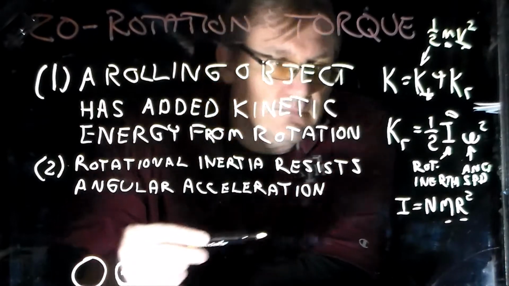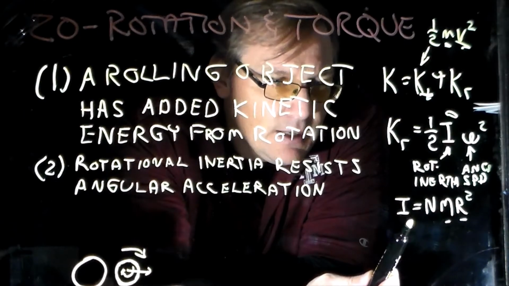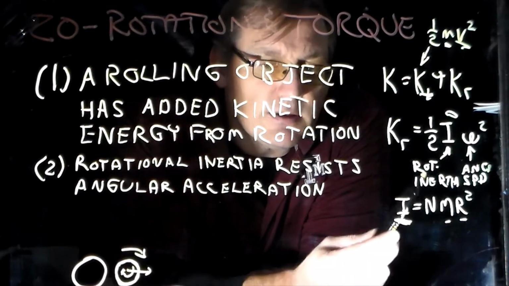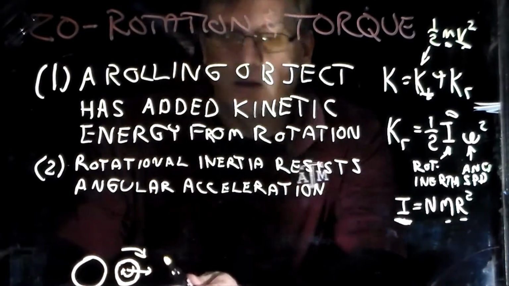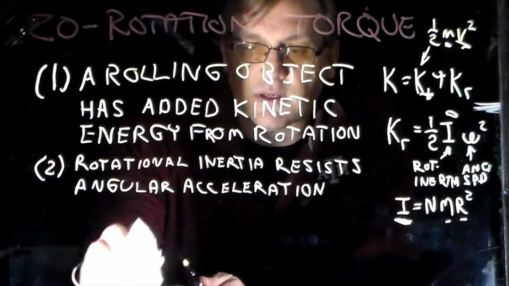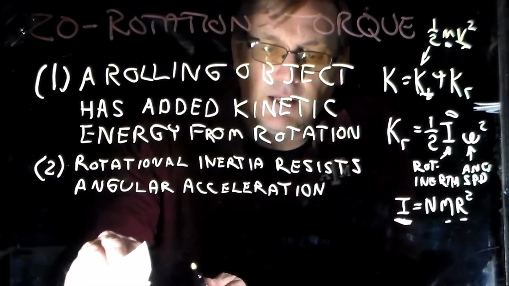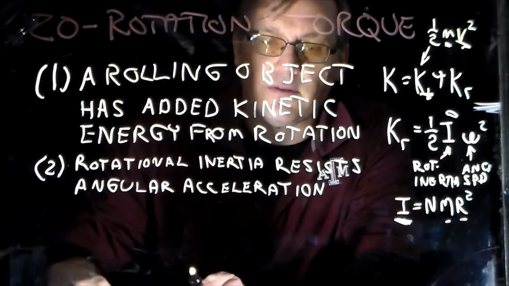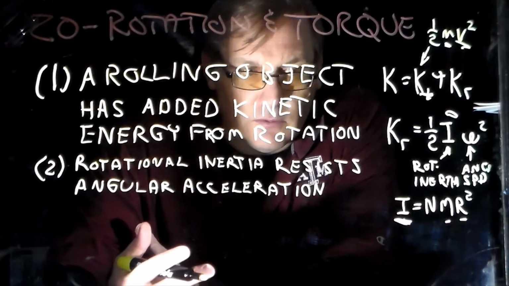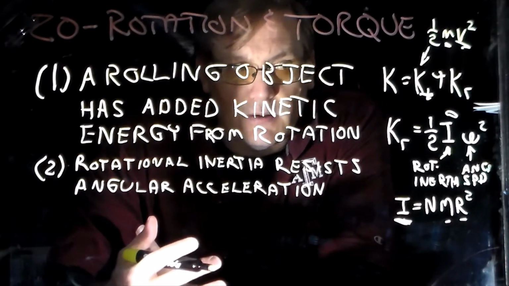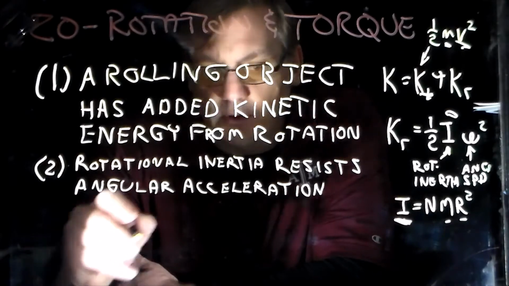This number increases depending on how much mass you have towards the edge of the object. If you have mass concentrated at the edge of your object, then you have a larger rotational inertia.